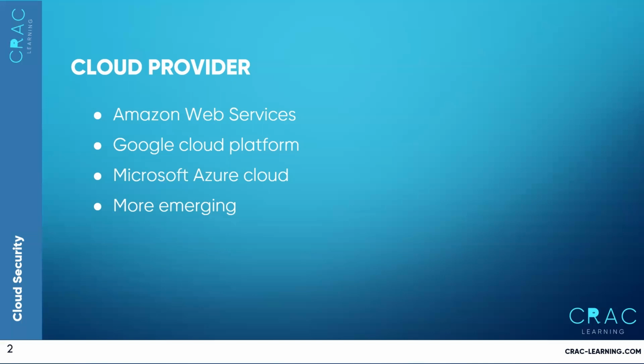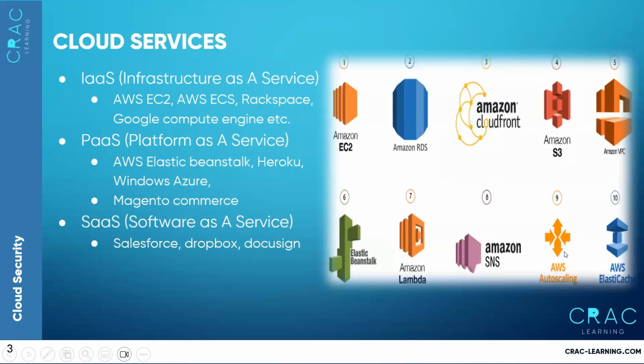Let's take a quick look at some of the services which are offered by a normal cloud provider. We have infrastructure as a service. For example, in the case of Amazon AWS, we have EC2, that is Elastic Compute Cloud, to host infrastructure or a fleet to run an application. We also have short-lived instances using Amazon ECS, which is a container service.